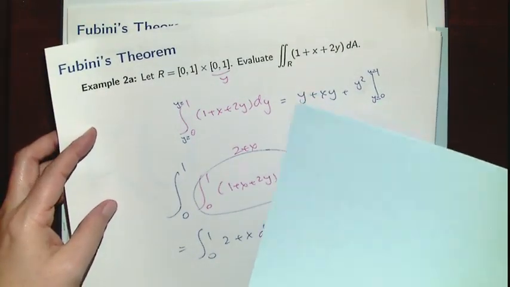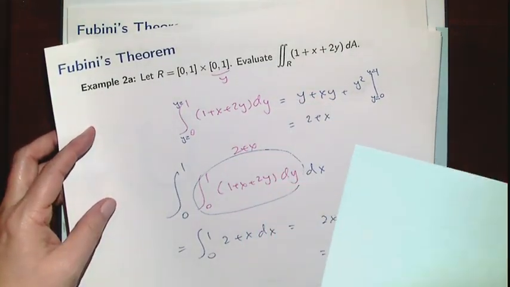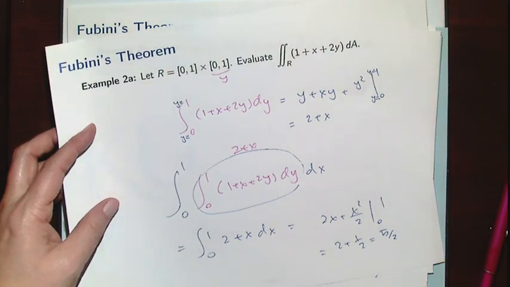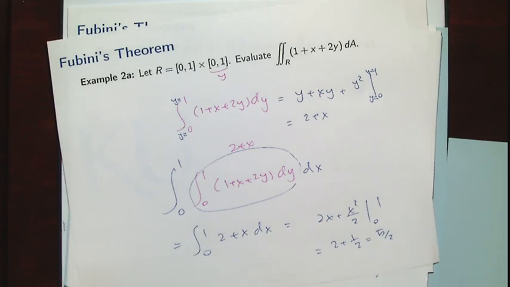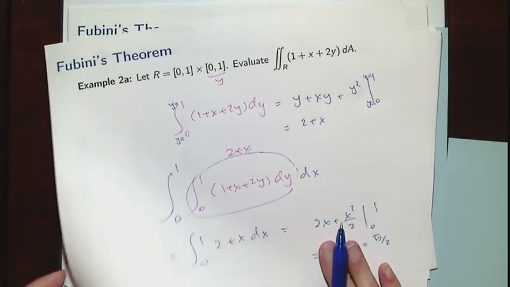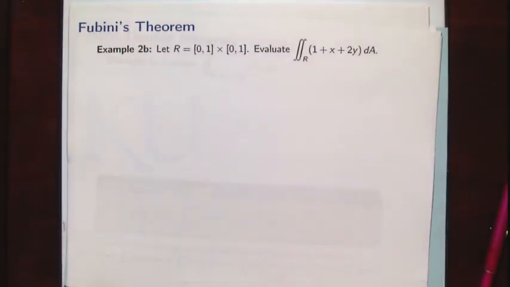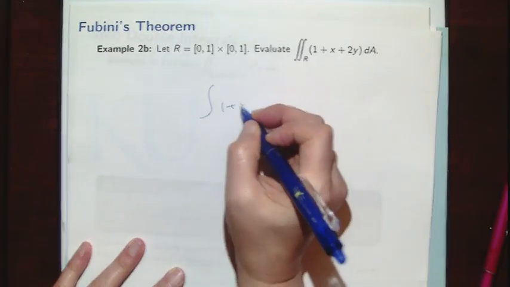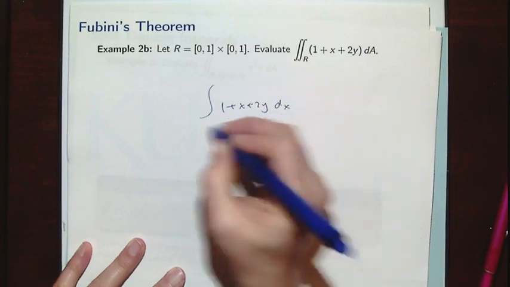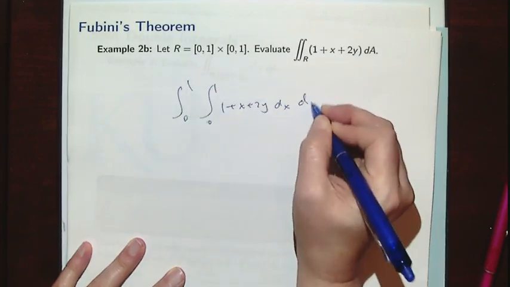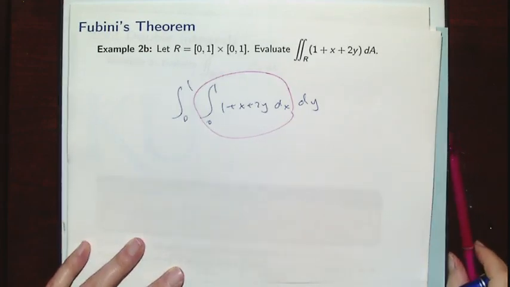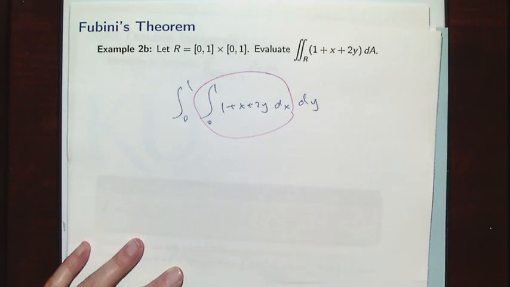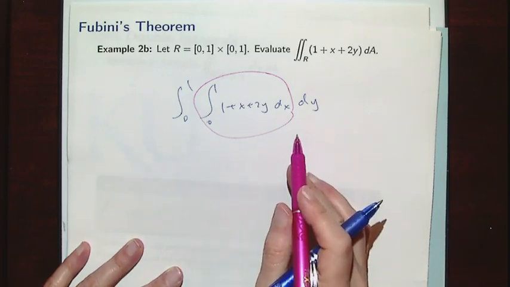This method, by the way, is called iterated integral. I forgot to say that when I said Fubini. Iterated. There's an iteration, this way or that way. So I could go with dx first, 0, 1, 0, 1 dy. But I mean quickly. This is the shape that you see and I ask you to evaluate.